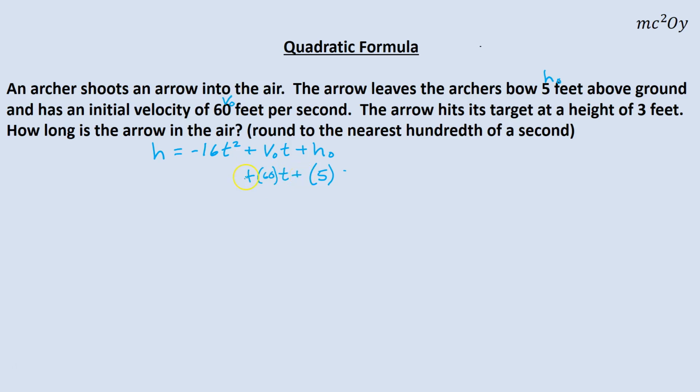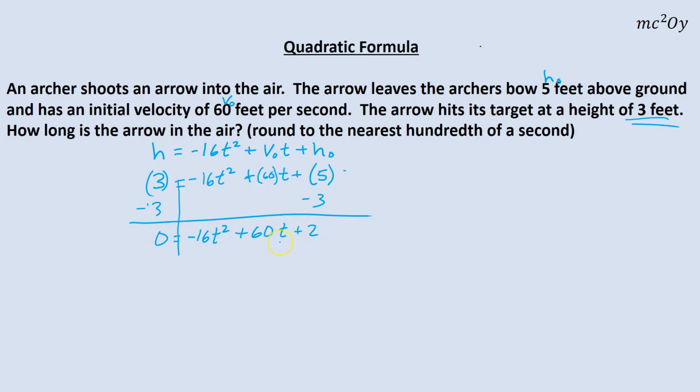And then this is still negative 16 t squared. And the arrow hits its target at a height of 3 feet. So that means its height is going to be 3 feet. Now if I solve this, I'd subtract the 3 feet over, and I'd end up with 0 equals negative 16t squared plus 60t plus 2.